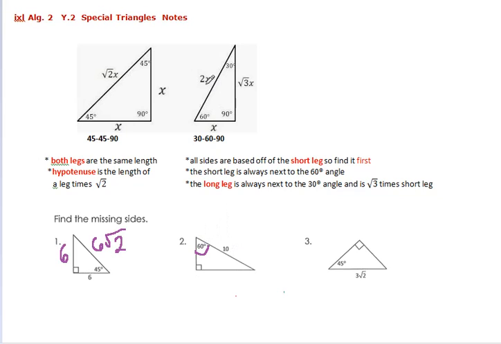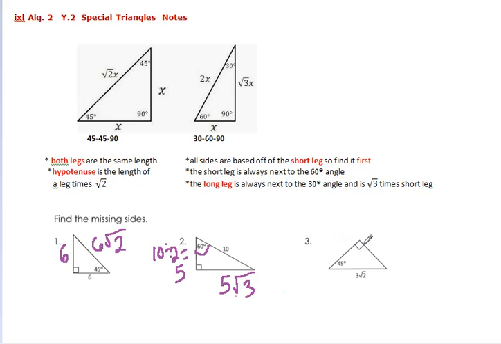If the hypotenuse is double the short leg, then to find the short leg, we can divide the hypotenuse by 2. So it's simply 10 divided by 2, which gives us a short leg of 5. Now, based off of this, we can go on to the long leg. The long leg is whatever the short leg is times the square root of 3. So this one is 5 times the square root of 3.